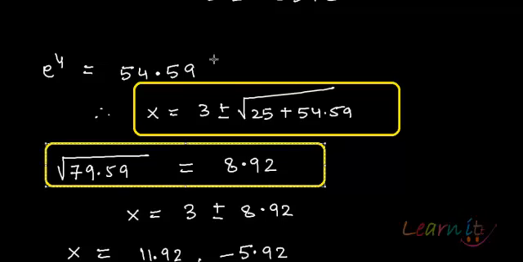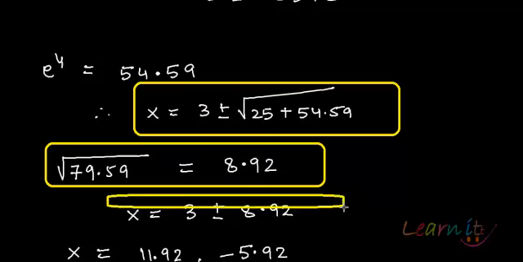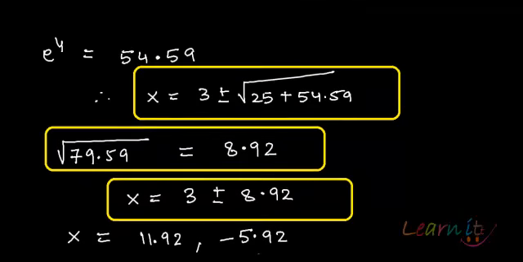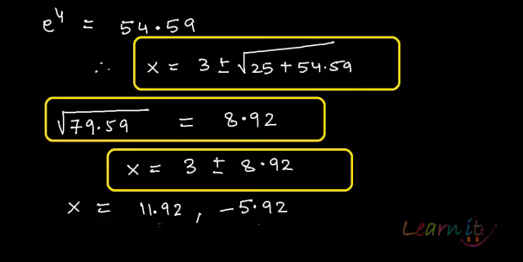So my x ultimately becomes 3 plus or minus 8.92. So this gives me two values, 11.92 and −5.92.